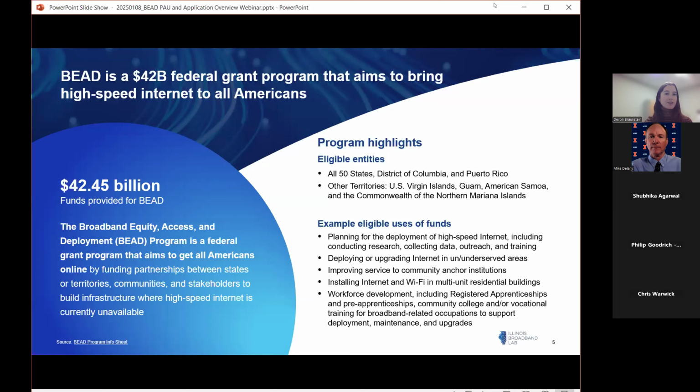So this is a national program, and Illinois is one of 50 states plus territories working to achieve these goals. At the Illinois level, Illinois has been allocated $1.04 billion to achieve this goal. Again, that universal coverage goal.